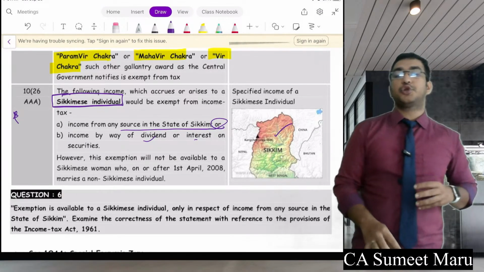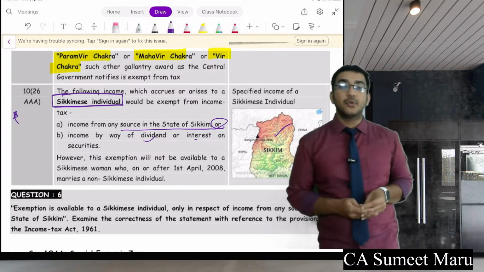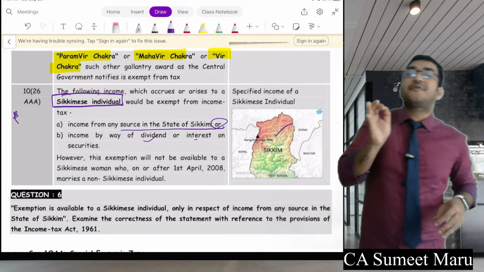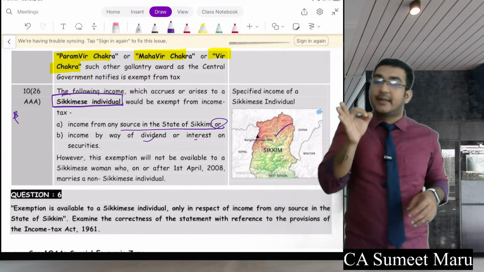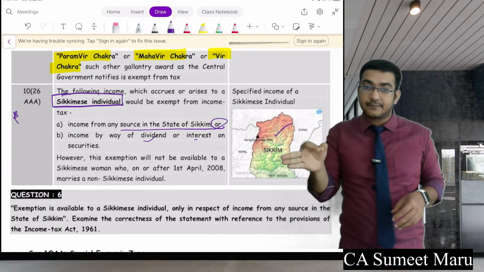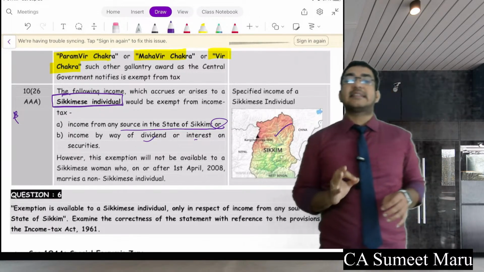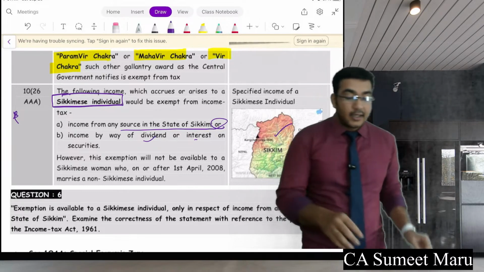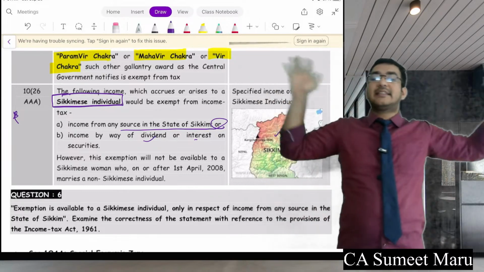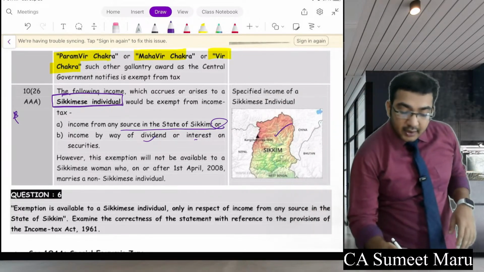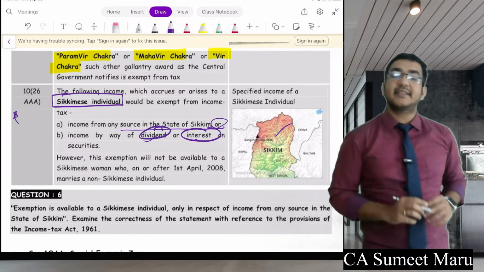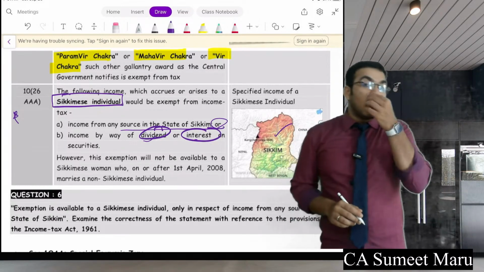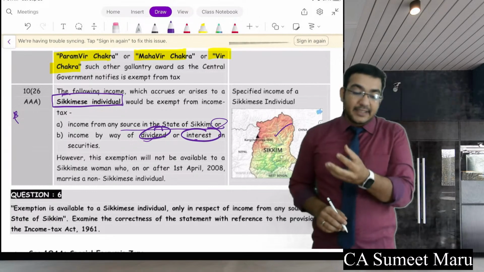In the MCQ question, one of the favorite questions is that they ask you the income of Sikkim, only and only the income from other sources is exempt for a Sikkimese individual. It's not like that. Income from any source is exempt. Further, income by way of dividend and interest is also exempt, if they are Sikkimese individuals.